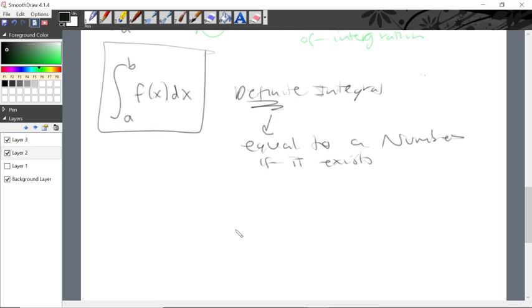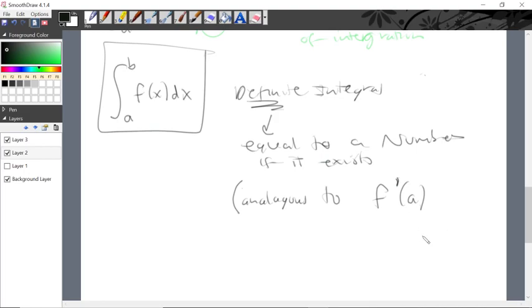Recall that by analogy, when we did this with derivatives, so I'm going to say analogous to when we did f prime of a. Recall that f prime of a was the slope of the tangent line, or the instantaneous rate of change of the function f at a particular point. It was at the point a, f of a, right?